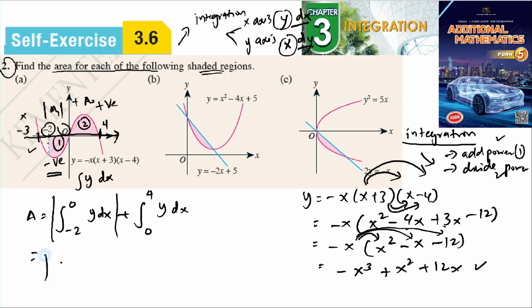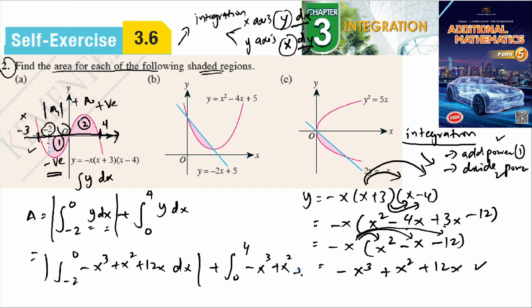So this one is the modulus from negative 2 to 0. So your y is negative x cubed plus x squared plus 12x dx. See here your y and dx. So I close my modulus function, plus this one would be 0 to 4, negative x cubed plus x squared plus 12x dx.